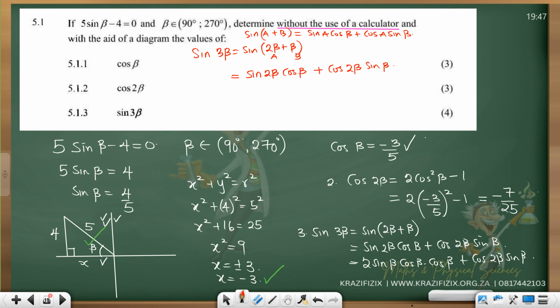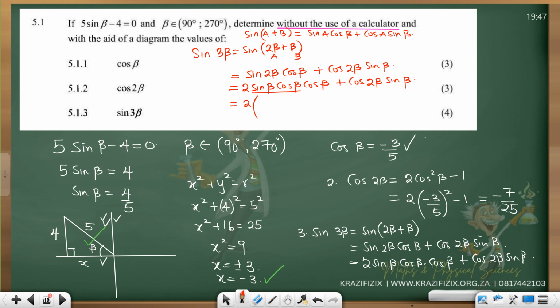Oh, yes, sir. But sine 2b is another identity. I'll tell you why I am not changing. Are you okay now? Yes, sir. Now, I'll tell you why I'm not changing cos 2b. Because I already have it from the second question. So can we substitute? What is sine b?